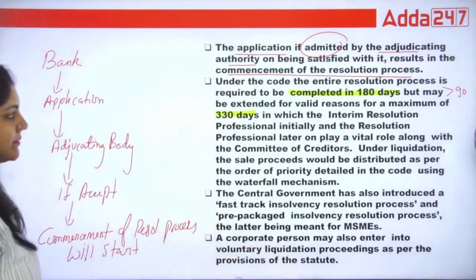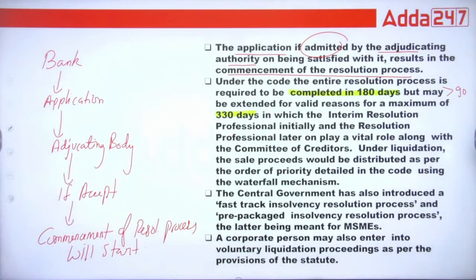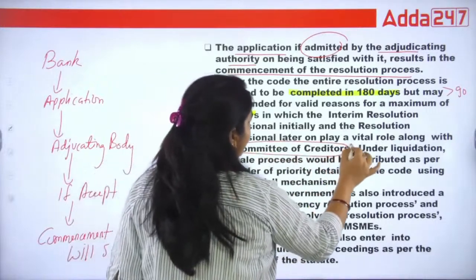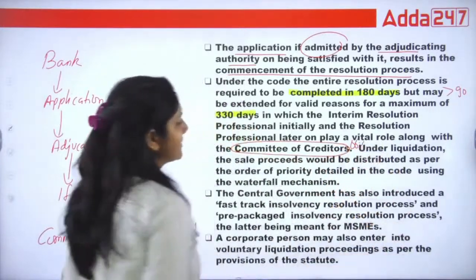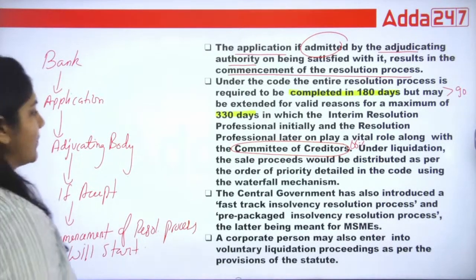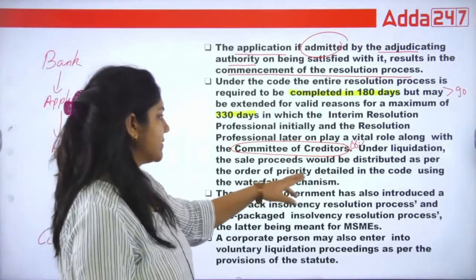This is very important. In this the interim resolution professional initially and the resolution professional later play a vital role along with the committee of creditors. If you want the extra days, 66% voting is required.